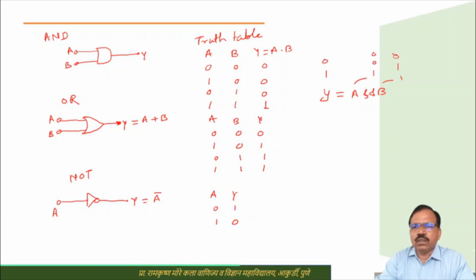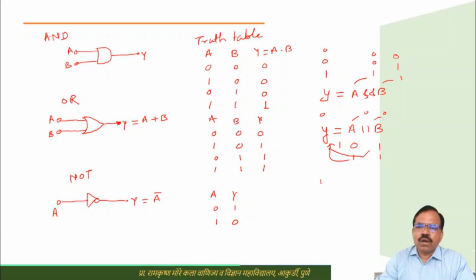When both are 0, Y is 0. Similarly, for the OR gate we can write Y is equal to A OR B. When both are 0, output is 0. If one of them is 1, output is 1. When both are 1, output is 1.